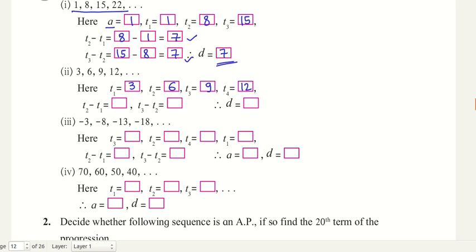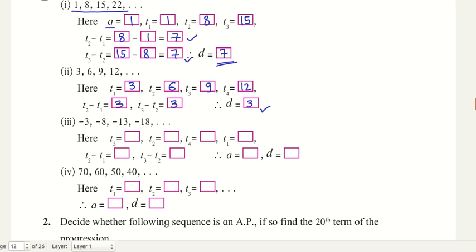Now T2 minus T1 is 6 minus 3, which is equal to 3. Similarly T3 minus T2 is 9 minus 6, again 3, and therefore our common difference d is equal to 3. So this is our answer.